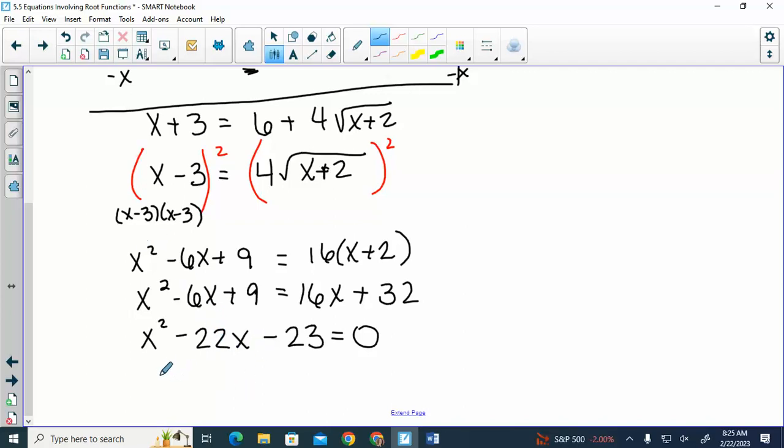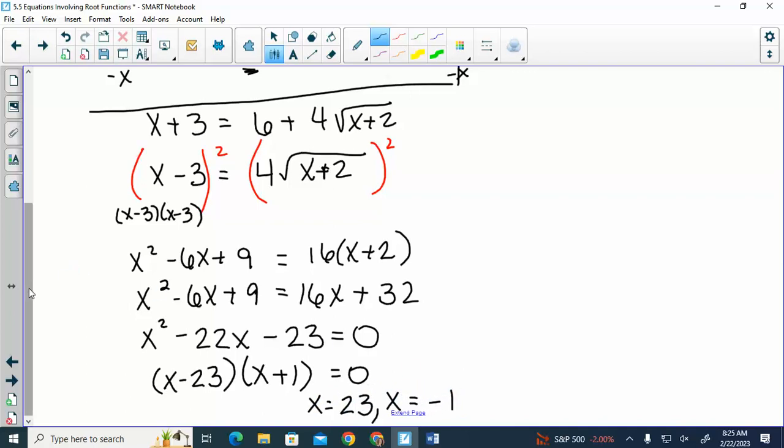And then all the way back to the original problem. Look back there. I see the original problem. I subtracted the 6 over, and that's why it became a minus 3.